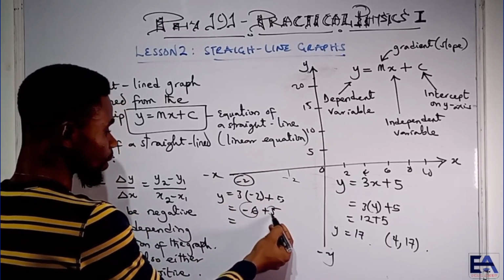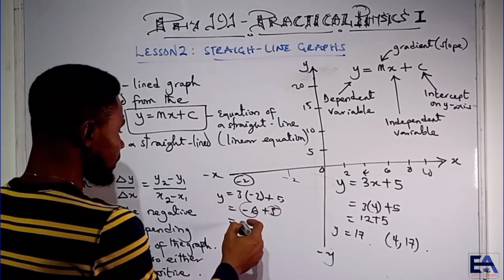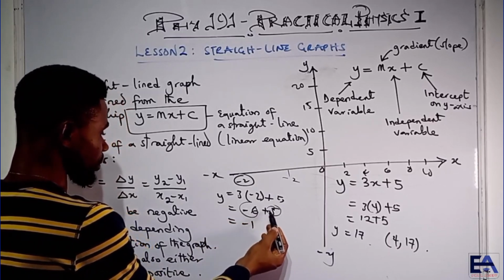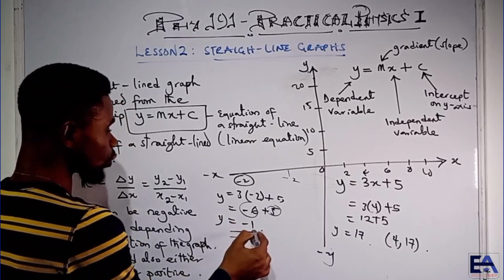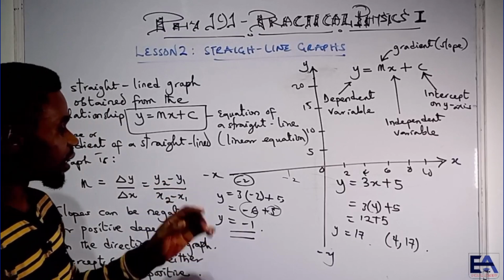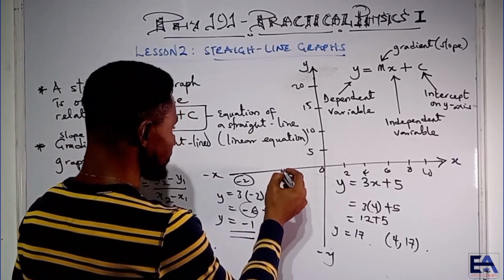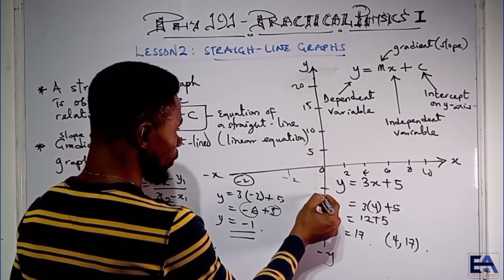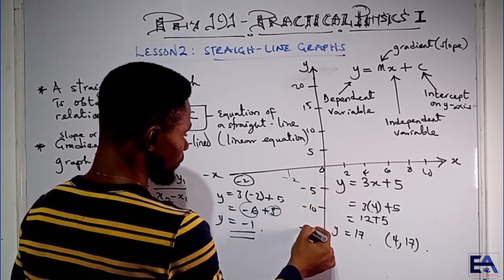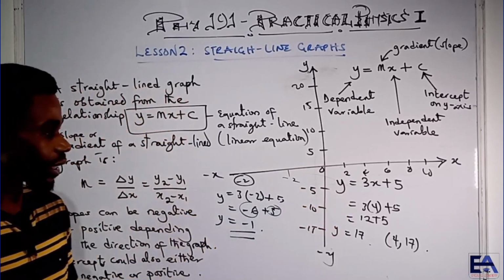It means I'm owing 6 but I have 5. If I pay, I'll still be owing 1. Minus means owing, plus means having. So y is equal to minus 1. Which means that when x is minus 2, y is negative 1. So we have minus 5, minus 10, minus 15, and so on.